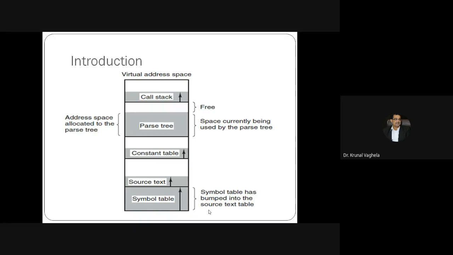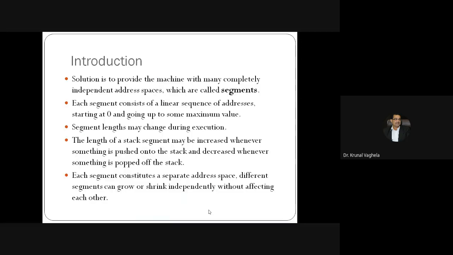Now you might have an idea of what to do, right? The solution is to provide the machine with many completely independent address spaces, which are called segments. Now we are coming to segmentation.